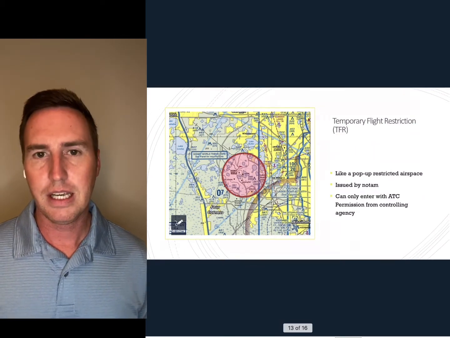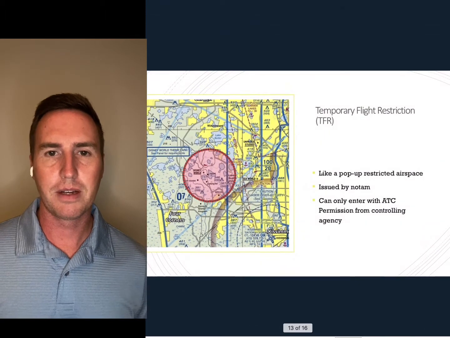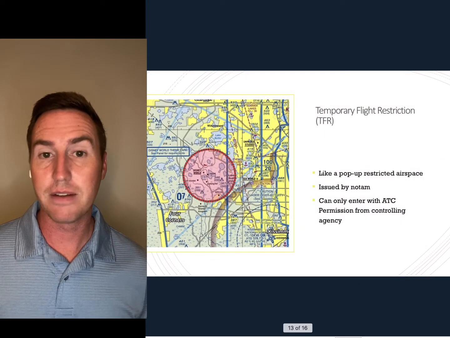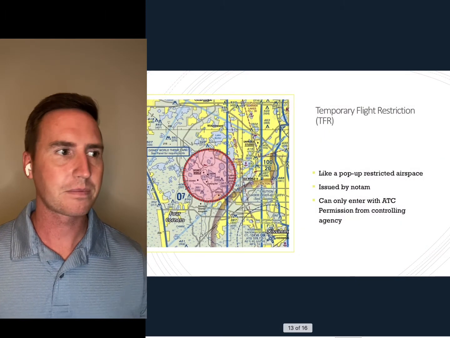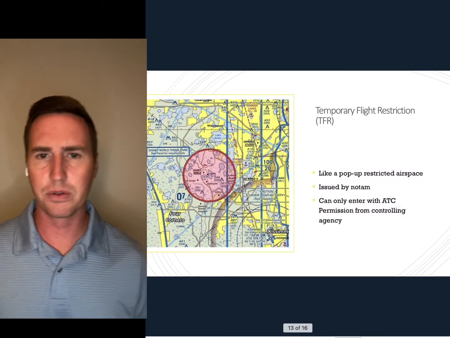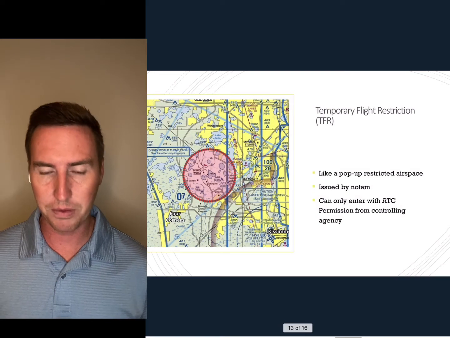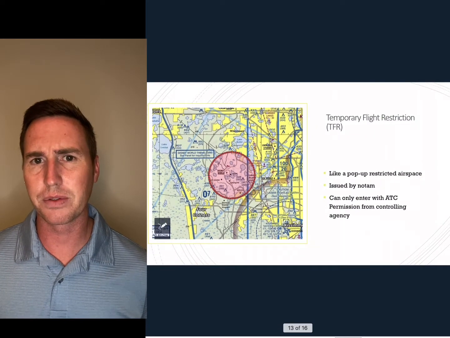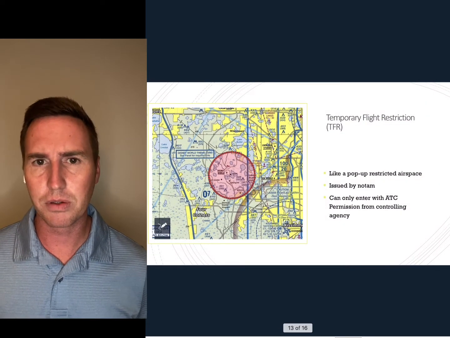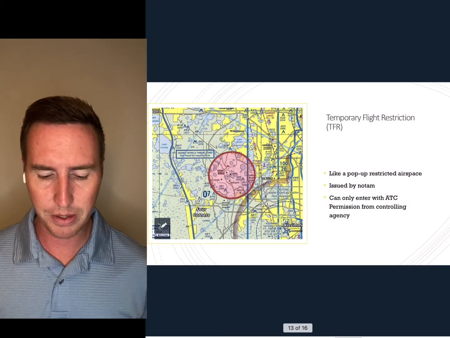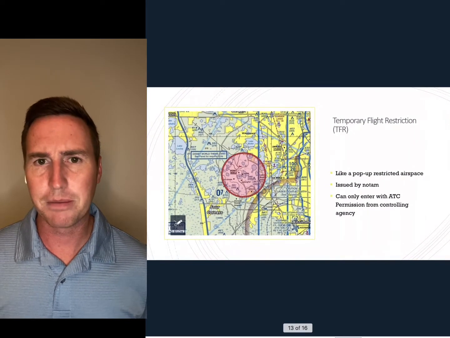TFRs are issued by NOTAM, typically, like VIP TFRs for the President of the United States or whatever. Sporting events, you'll see TFRs go from basically the surface to 3,000 feet over typical sporting events as well. So again, it's just like a pop-up restricted airspace.